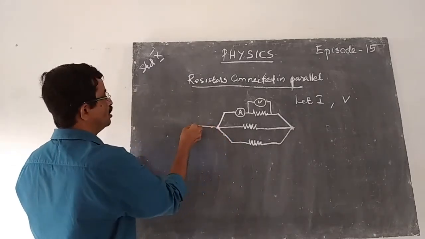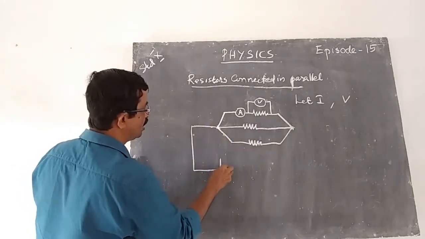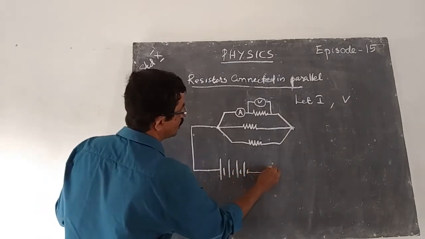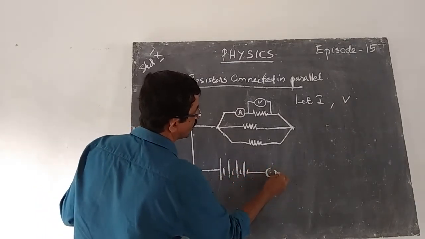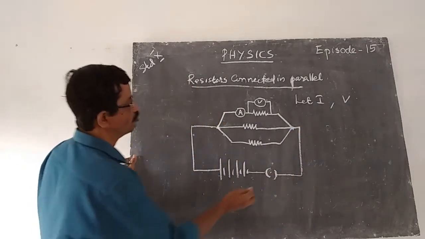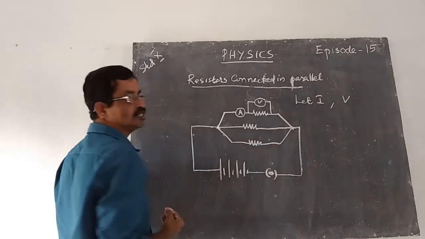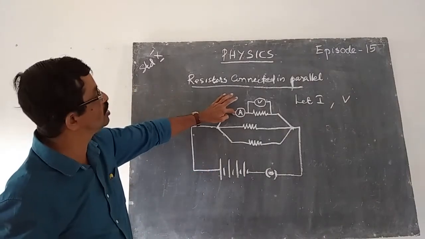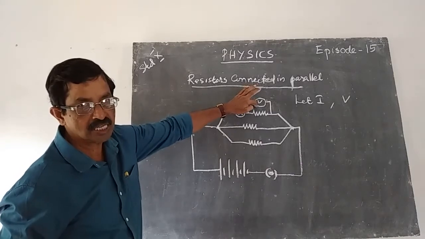These are connected now to the battery and plug key. Switch on the key. Now the switch is on. Measure the current and potential difference.